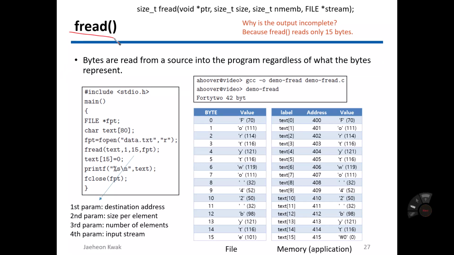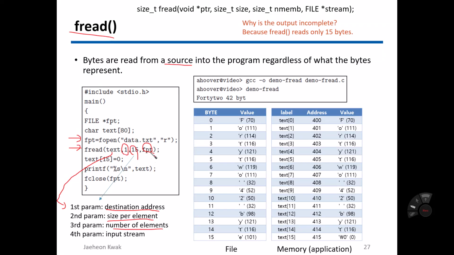It will read some bytes from a source. To use this function, we also have to make a stream, and we have to use fread with 4 parameters. Firstly, we have to specify the destination address, then the size per element and the number of elements.